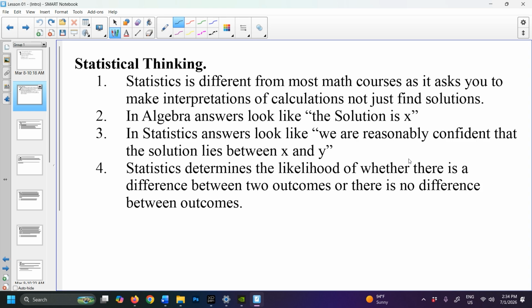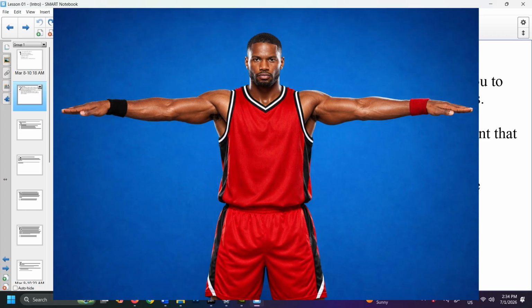What do I mean by this? Here's a simple example. This is a picture of a basketball player. Now let's say we measure his height and we measure the distance from either end of his outstretched fingertips. Now if we do the same thing to 100 people of the same height, you wouldn't expect all of those people to have the same measurement from fingertip to fingertip as the guy on the screen.